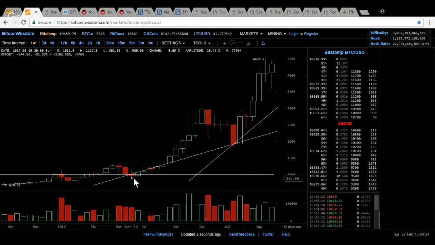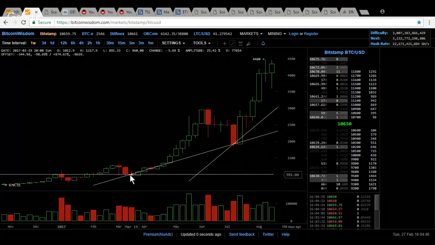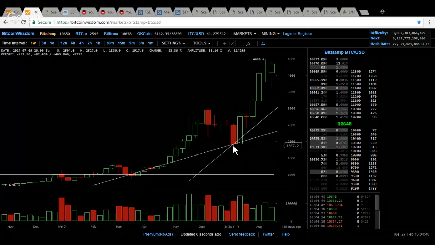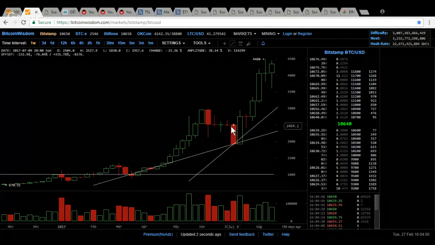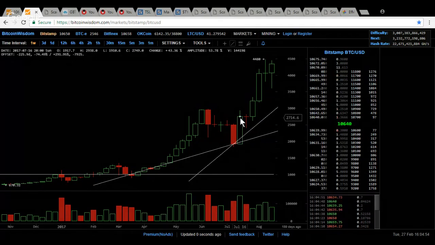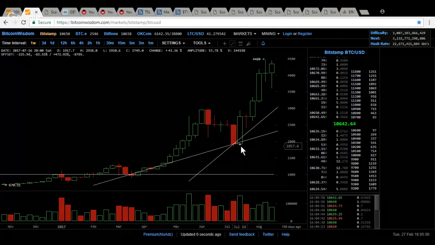And what I do is I use the low point and connect it to the next low point. And it happens to also hit the close of this candle. And even though this up reversal candle broke down through that line, it did not close there.